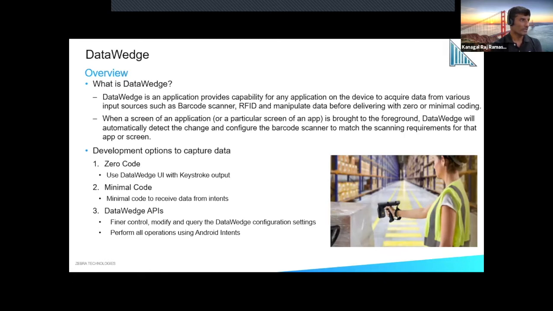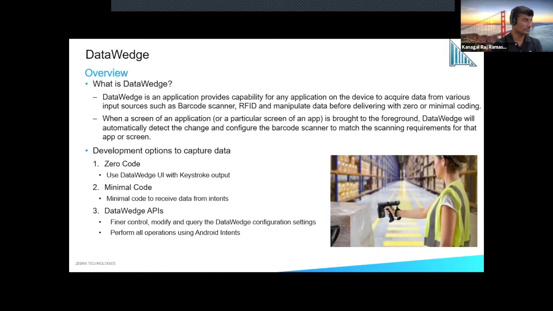So there are multiple development options. One is zero code. Use the data wedge UI with the keystroke output. That means you are not writing even a single line of code. You have your application with multiple edit boxes, and you can scan the data and give it to your application directly. Or instead of having the edit box, you want a different option.